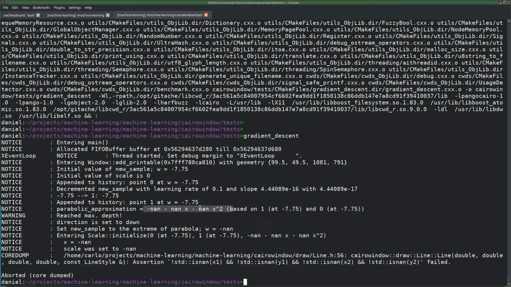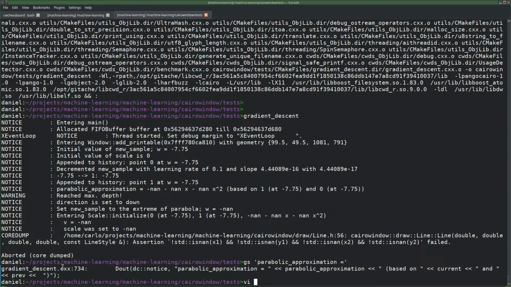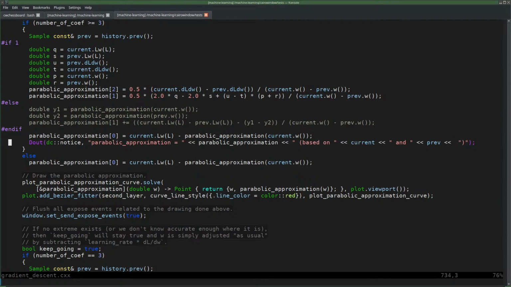It's just too precise. Yeah, simply because those are equal, obviously.